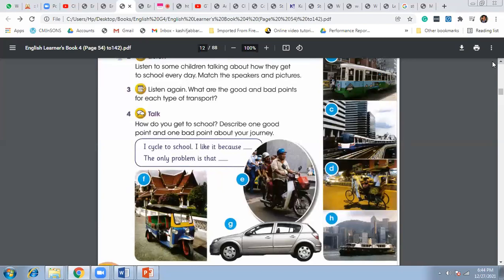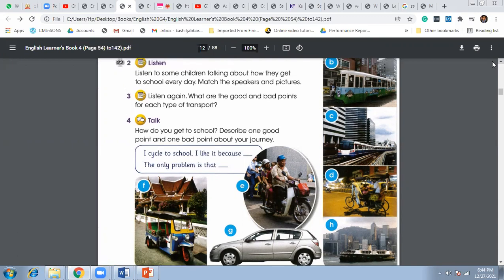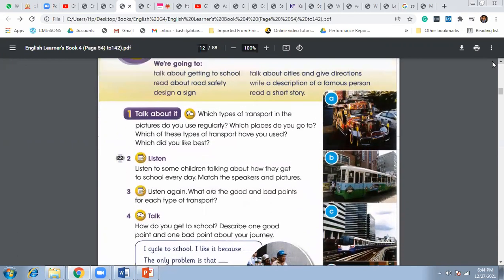Do you know the names of these transports? Yes. Tell me. A. Teacher, can you let the screen? I don't remember. Fine. Let me know the other names, things that you have used.